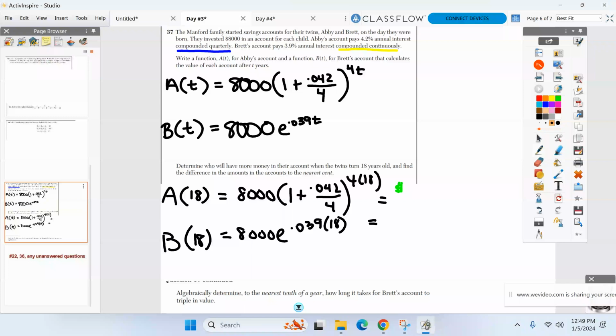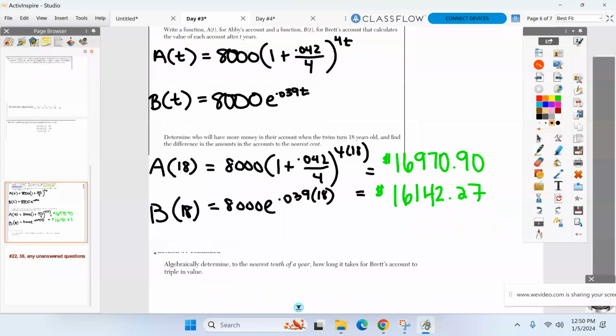Nearest cent, right? So that's kind of like the nearest hundredth, nearest cent. So it looks like Abby.